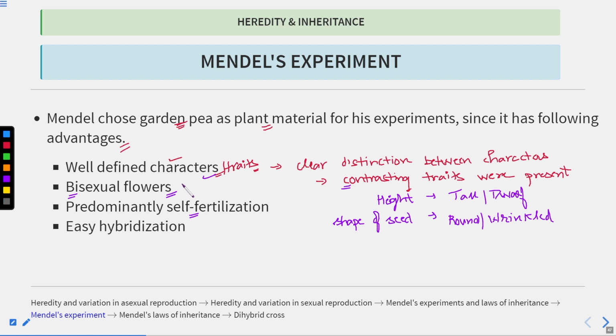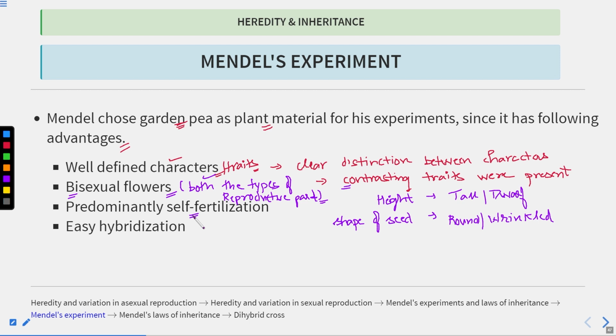Bisexual flowers are what flowers? They contain both the types of reproductive part, male as well as female.